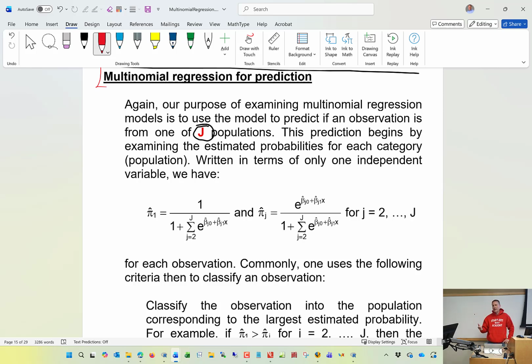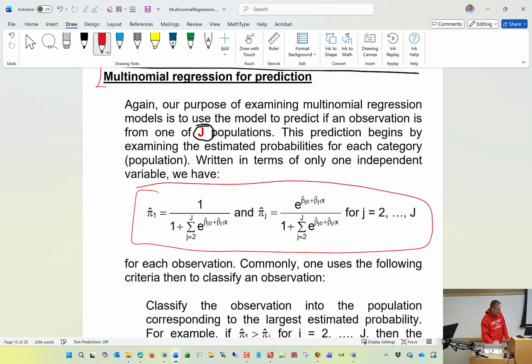And what we saw in the set of notes right before Thanksgiving break was we had equations that one could come up with for what each of these pis would be. And so what I've done is just taken these equations, copy, paste them here, and put hats on the parameters so that we have estimates. And I've alluded to this before, all we need to do now is use the model to come up with these pi hats.